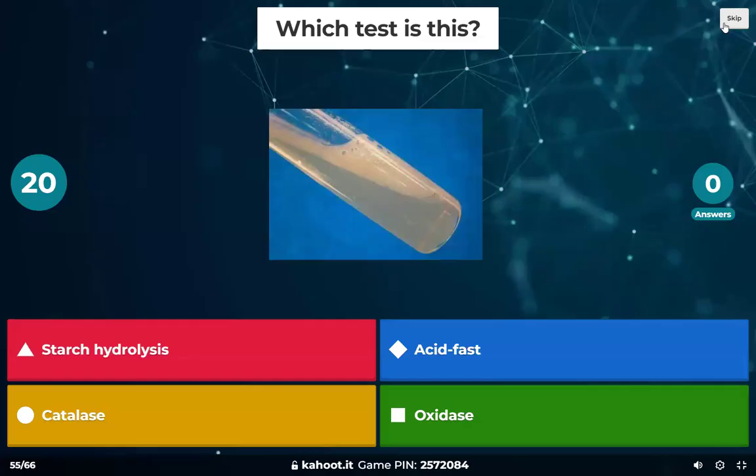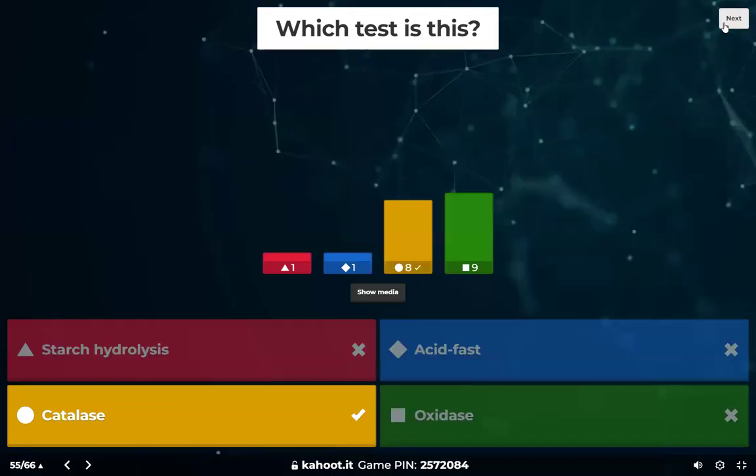Okay, which test is this one then? What's going on in this tube? There's always some people that get tripped up by this one. Don't get confused about which one is which. Always, this is the problem.